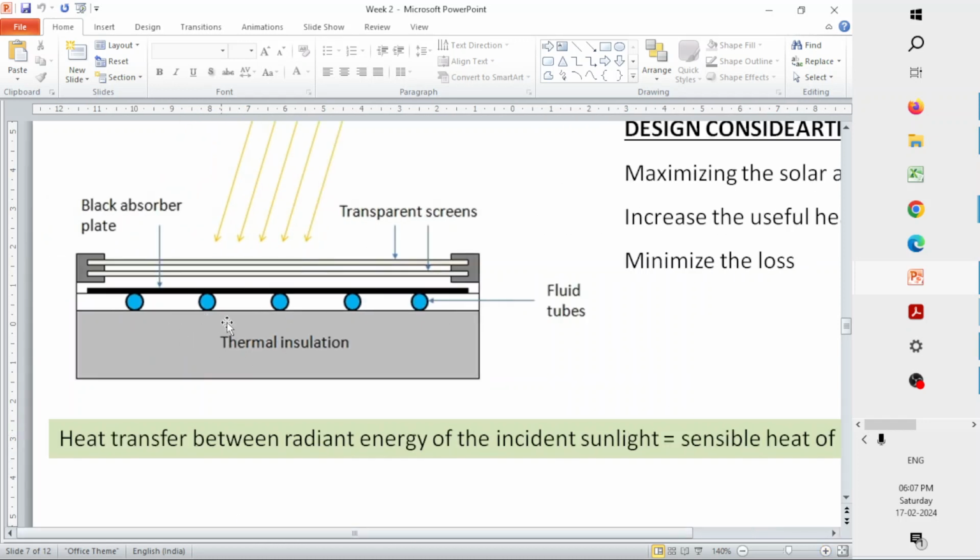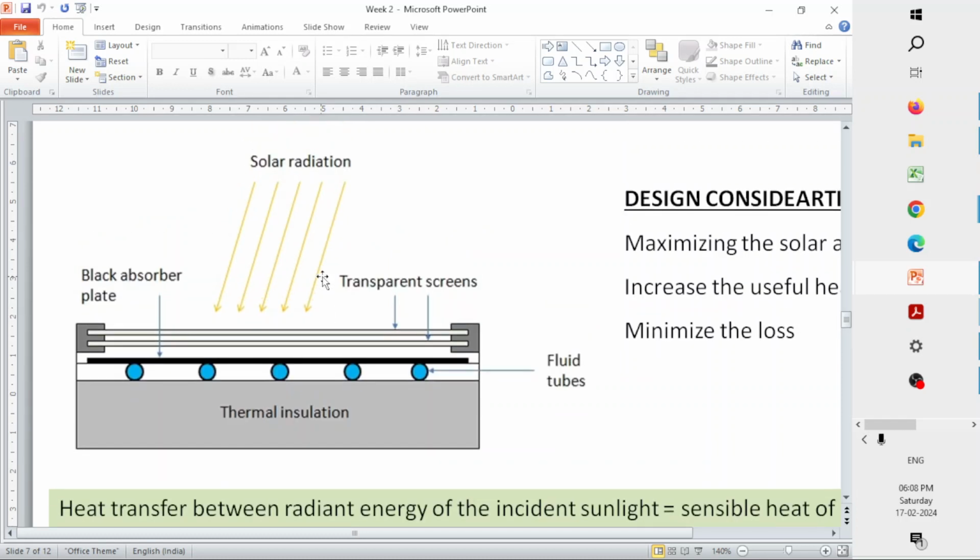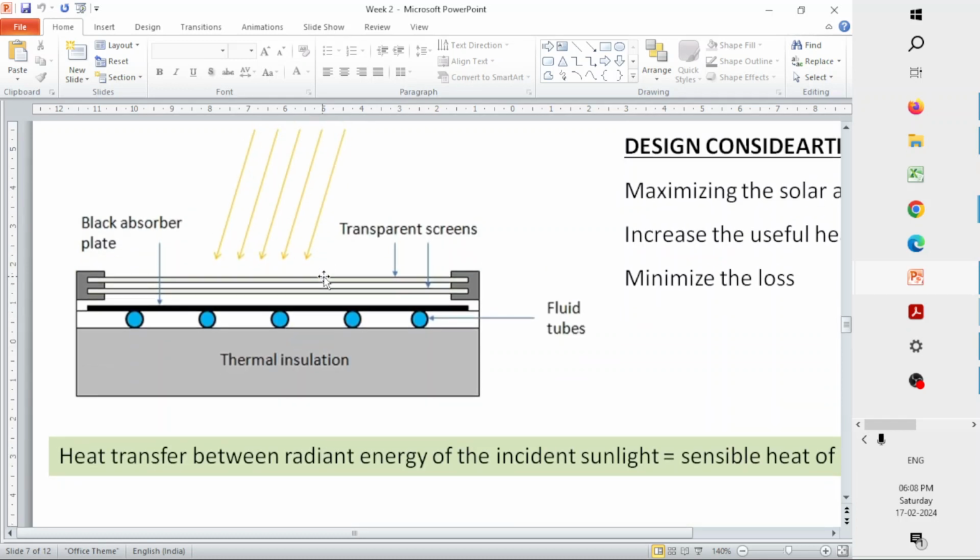This is the thermal insulation that is available, and it is made in such a way that the majority of the energy that comes from the absorber plate, or from the solar radiation falling on the surface, is not lost.